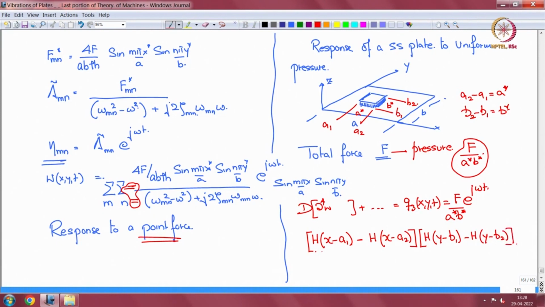The Heaviside function has no units, so the units are matched here, and the spatial description is matched.